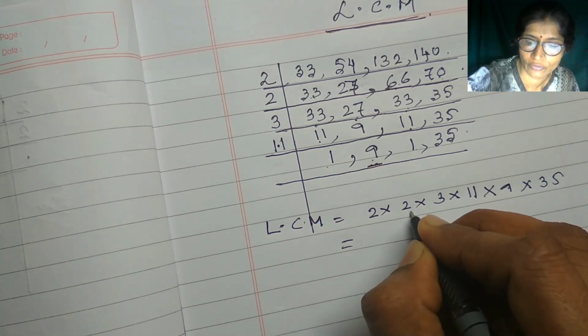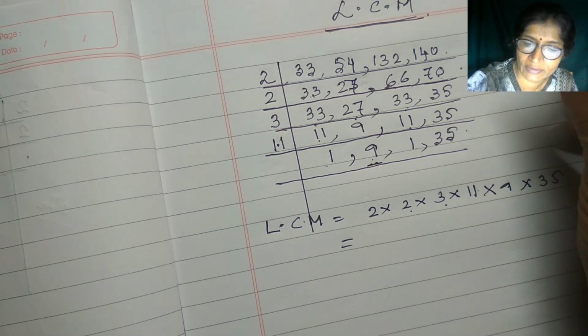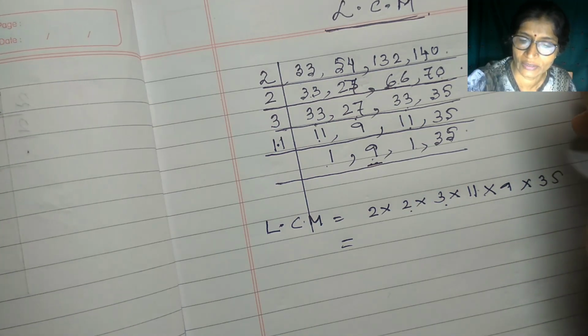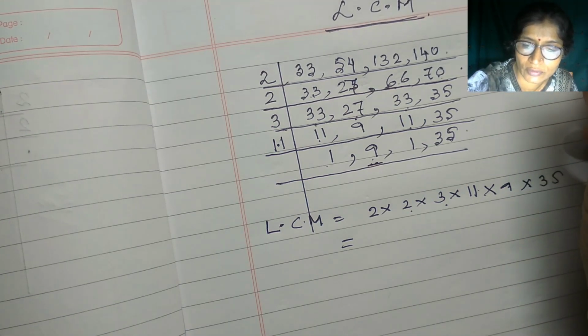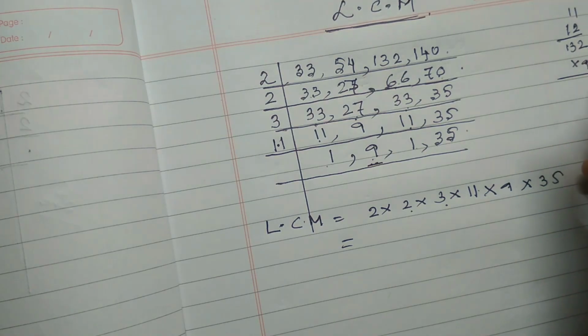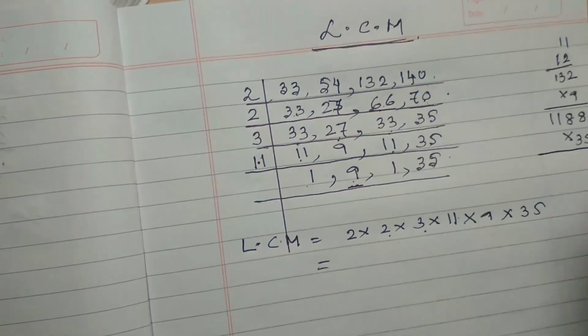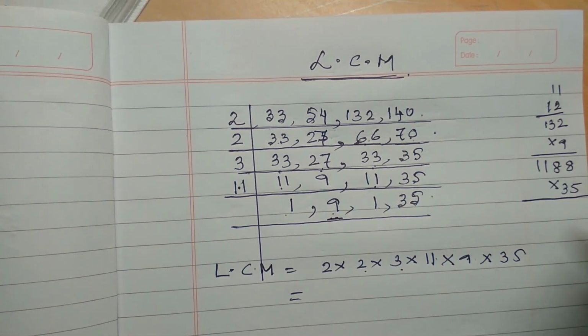So that is equal to 2 4s are, 4 3s are 12, 12 11s are 132, and then into 9 you will get 1188, then multiply by 35. 5 8s are 40, 5 8s are 40, 4, 5 1s are 5, 4, 9, 5, then 3.